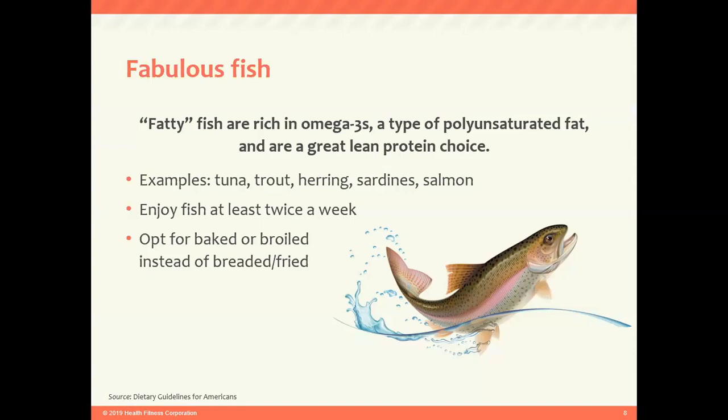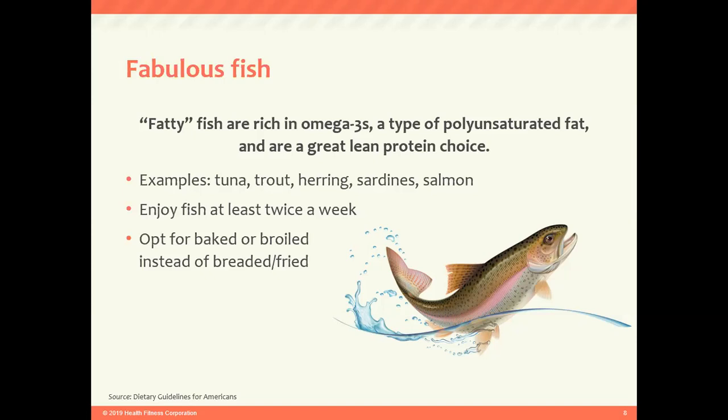Fish, especially fatty fish, are rich in omega-3 fats and are a great protein source as well. Omega-3s can come from other sources too, like some vegetable oils, walnuts, and ground flaxseed, but fish are an especially good choice. Types of fish that are rich in omega-3s would be tuna, trout, herring, sardines, and salmon.